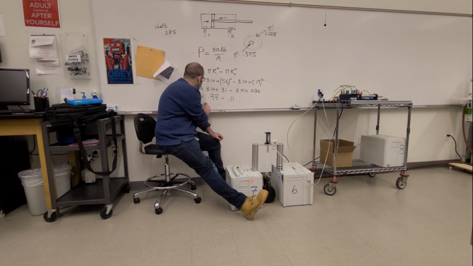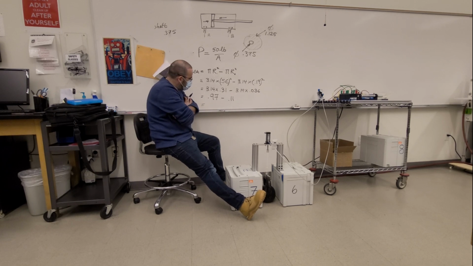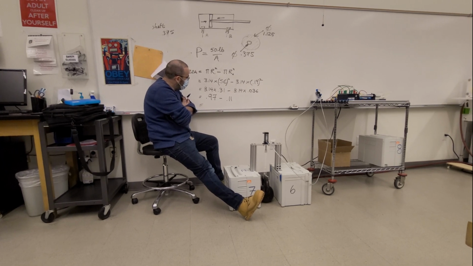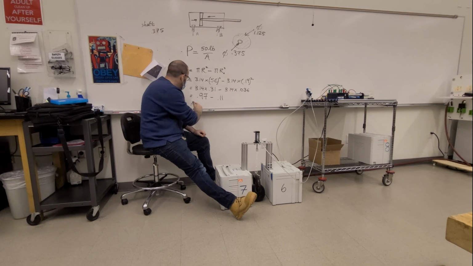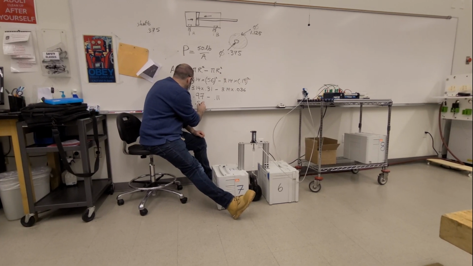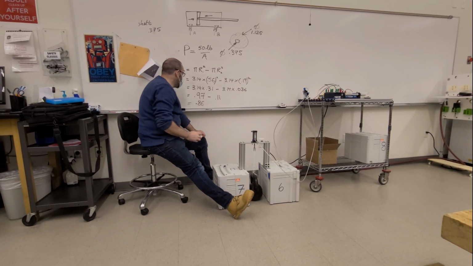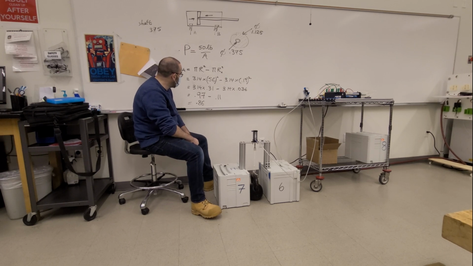What is 0.97 minus 0.11? 0.86. All right. That is our area, 0.86.